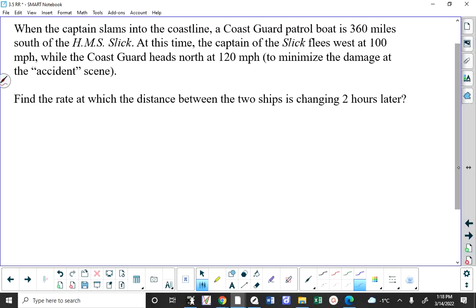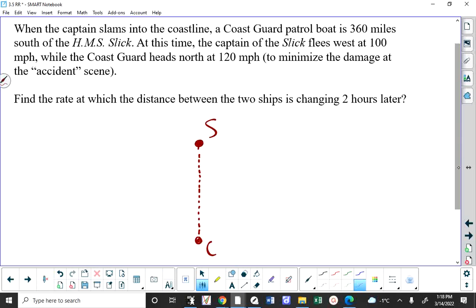I mean, we can start drawing this and say that at the beginning, this is where the HMS Slick is, and at the instant of impact, this is where the Coast Guard patrol is. But we can't use that picture to come up with an equation.